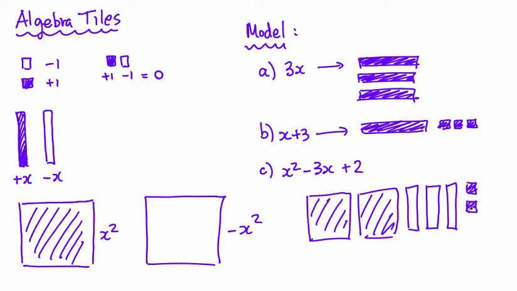Now, as I was saying, the geometry, the shapes of these different algebra pieces, like an x looks the same as an x, but it looks quite different from an x squared. Those shapes give us an idea of our next concept, which is our last concept, called like terms. Like terms are terms that have the same variables raised to the same exponents.